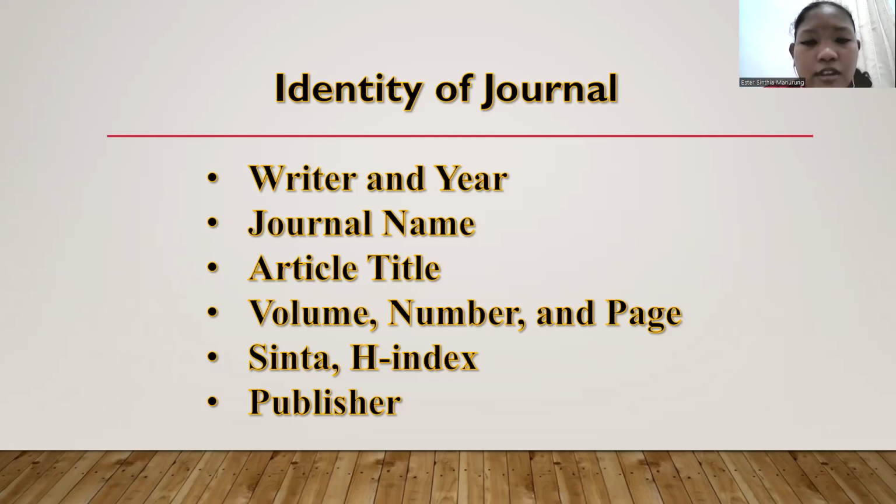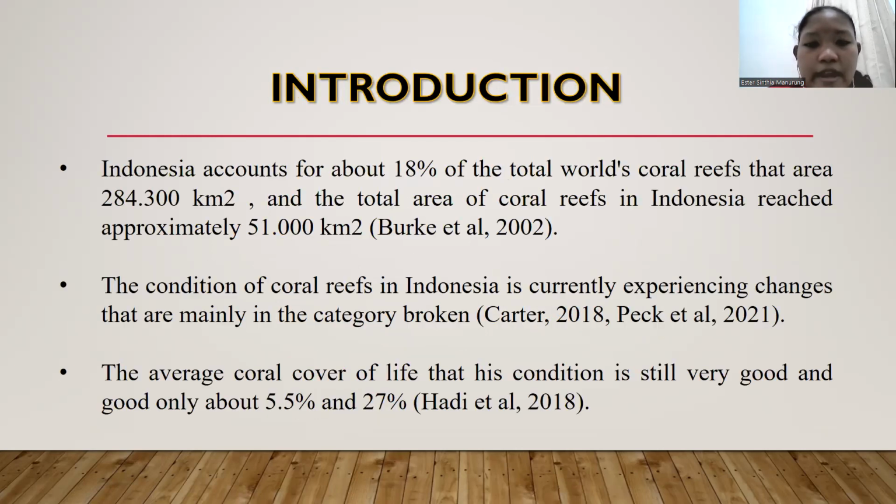The publisher is the Faculty of Fisheries and Marine Science, University of Papua. This article is accredited Sinta 3, with an h-index of 10. In the next slide, I will explain the introduction.